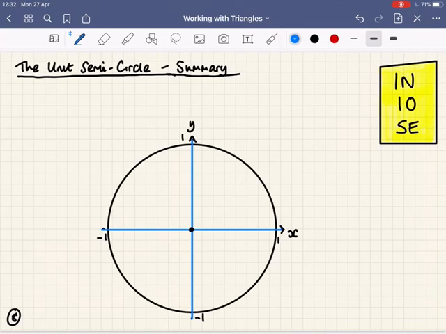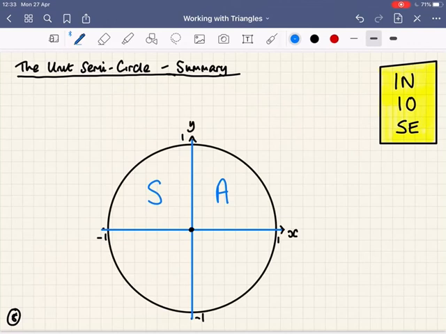So in summary, what do we know? Well, we're going to come on in the next video to actually using this knowledge. It might be a little bit of a so what video so far, but what we do know is in that first quadrant, all three ratios, sine, cosine and tangent, are positive. In the second quadrant, only the sine ratio is positive.